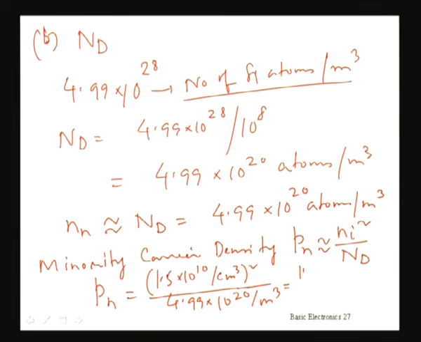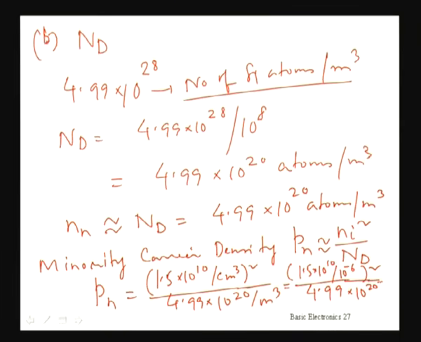So, it will be 1.5 into 10 to the power 10 divided by 10 to the power minus 2 into 3, that becomes 10 to the power minus 6. Then it will be coming per meter cube. Of course, there is a square, and in the denominator it is 4.99 into 10 to the power 20. So, all are in now per meter cube, here also in the denominator.